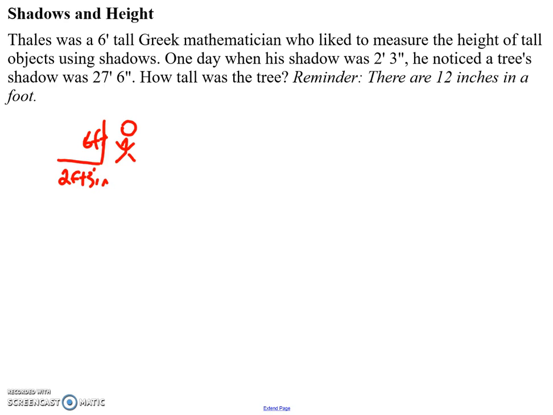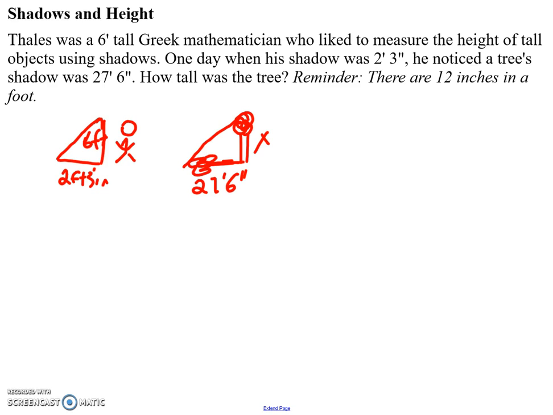And then he knows the tree has a shadow. So here's a tree, and it has a shadow that is 27 feet 6 inches. And he wants to know how tall is the tree. Now, what is nice here is if we draw in this side, what we end up with, because of the way the sun is beating down on them both at the same place, we have two similar triangles.